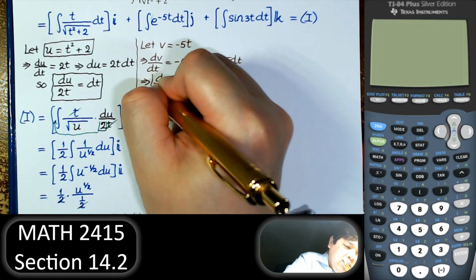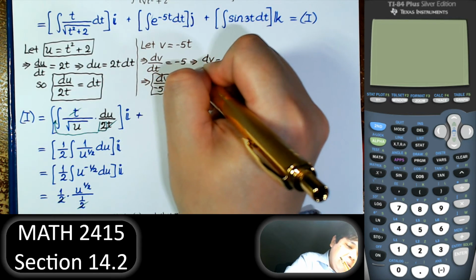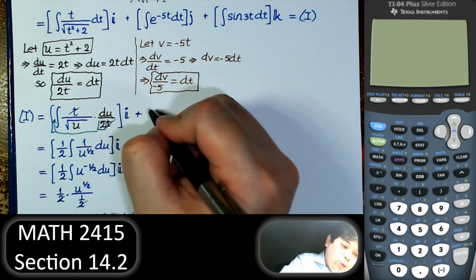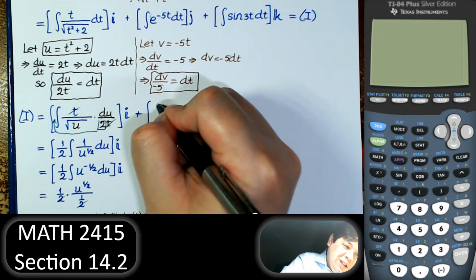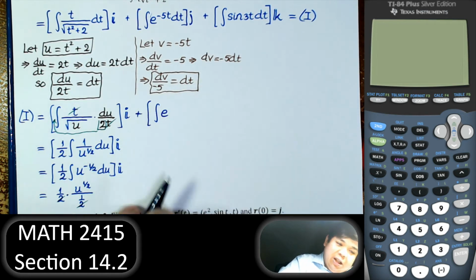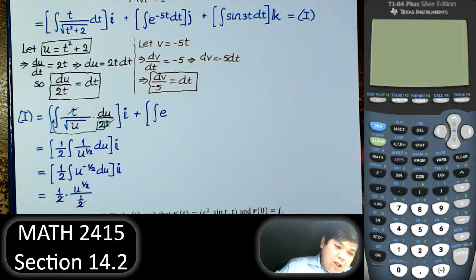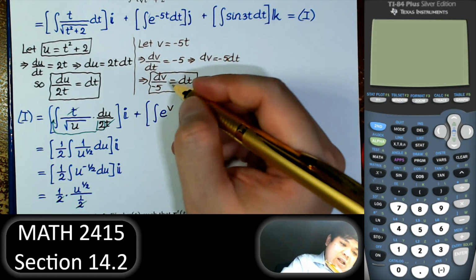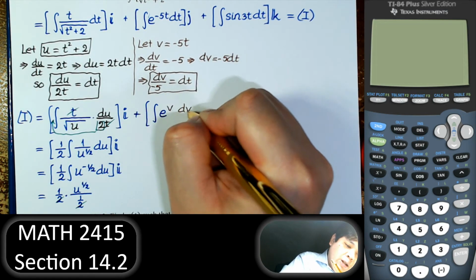You don't need to do this. But if you do, we have e, -5t is v, dt is dv over -5.